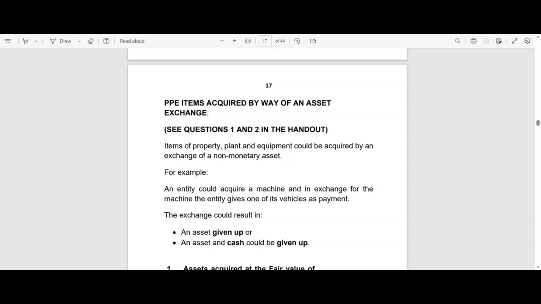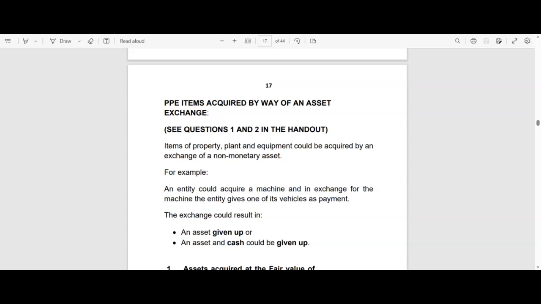So, ladies and gentlemen, if we go back to our little example about the 200,000 rands new vehicle, where we get a trade-in of 50,000 rands and have to pay in 150,000 rands, how did we determine the purchase price of the new vehicle? Yes, I know there's a sticker on the car that says it has a cost of 200,000 rands, but that is not the argument I want us to use.